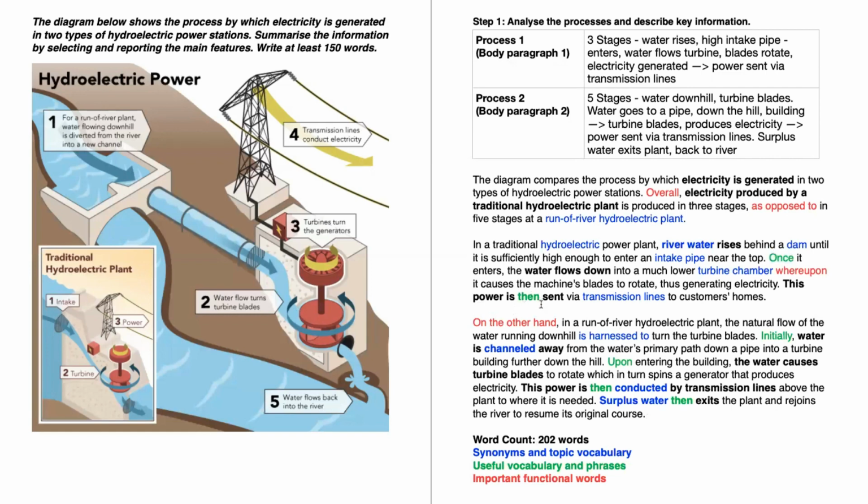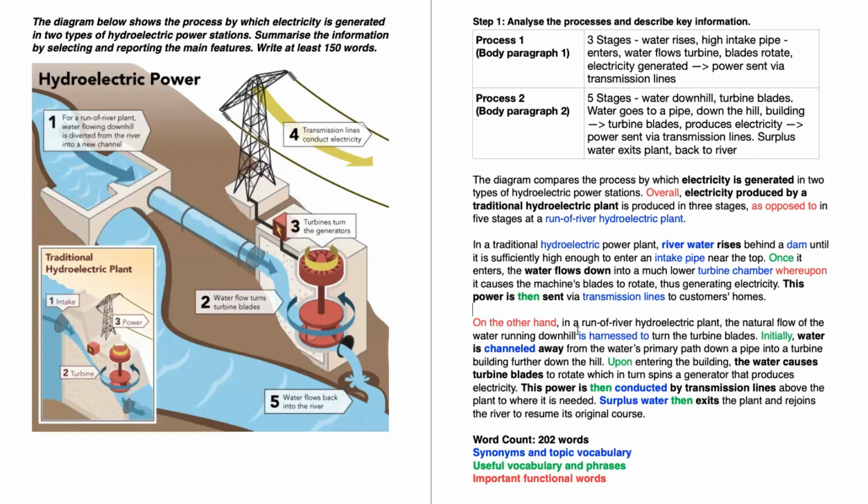So this shows the order, what happens, and then what happens as a process. And whereupon is another great functional word. It basically is a way to say where something happens. Again, I see water flows down, that is active, and then this power is then sent. Again, we don't know what exactly is sending it, so it is the passive.